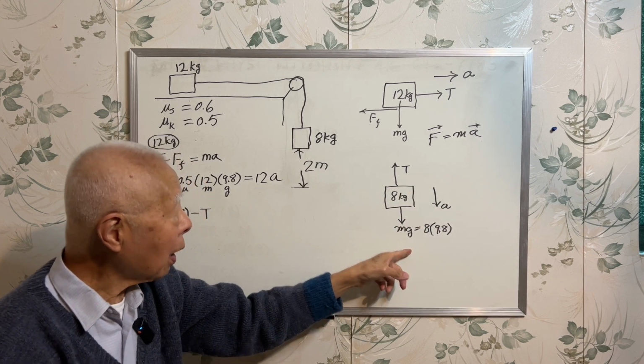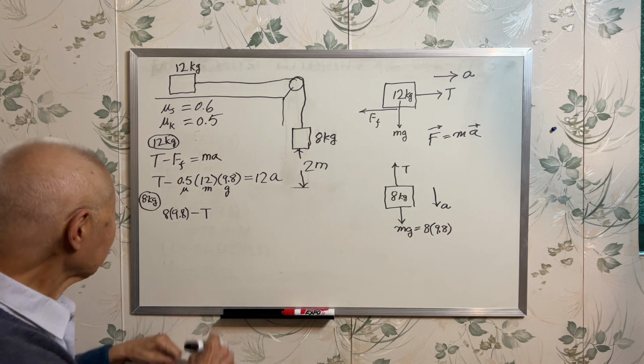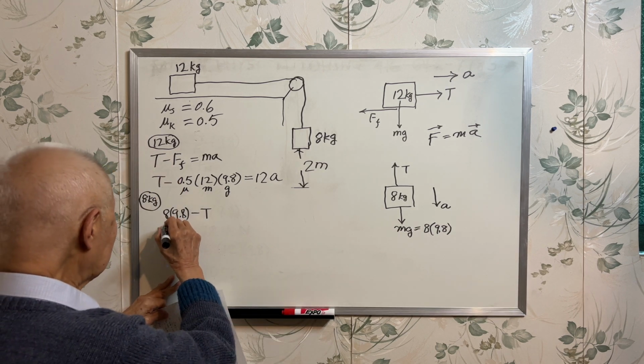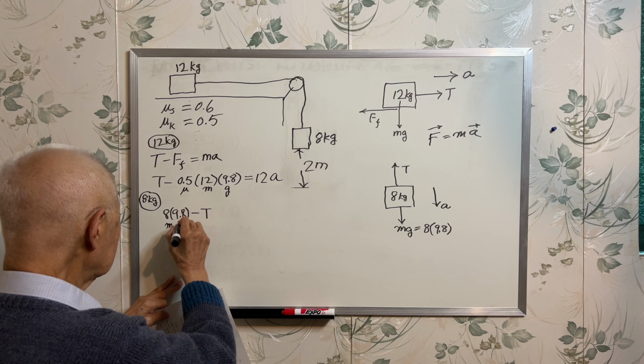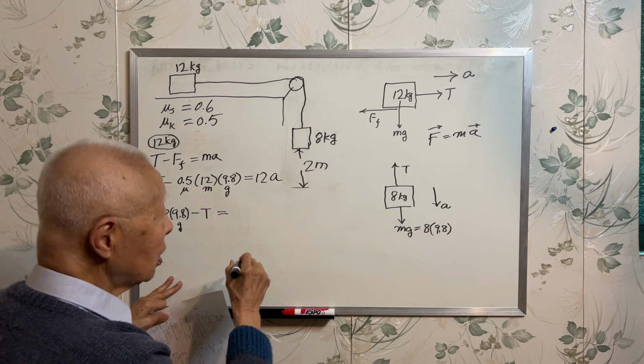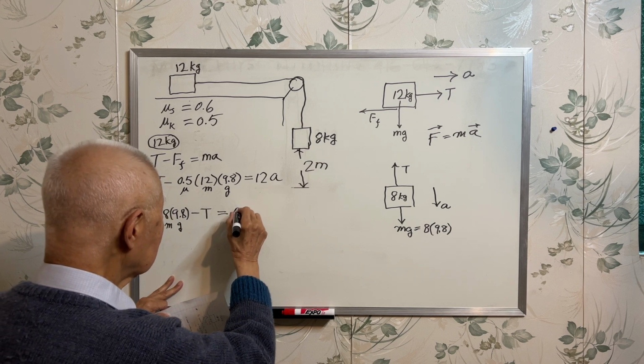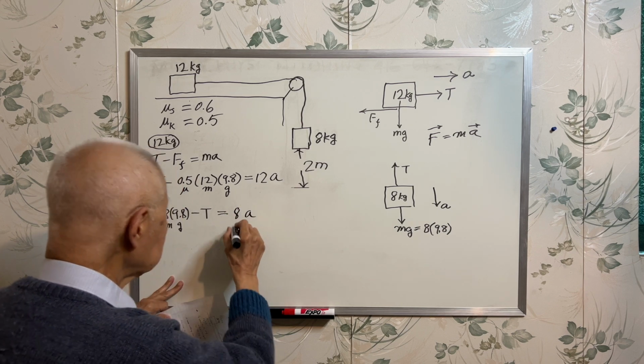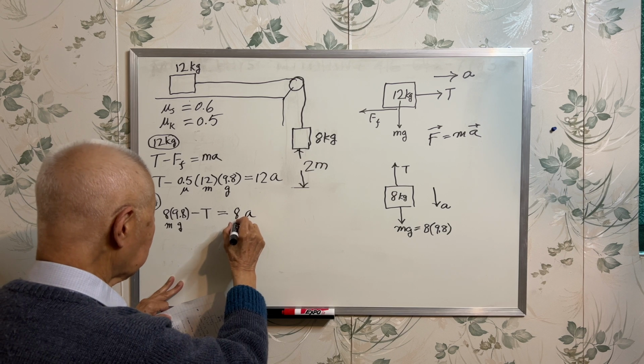So this minus that. So this is mg. mg minus T equals ma. That is mass.